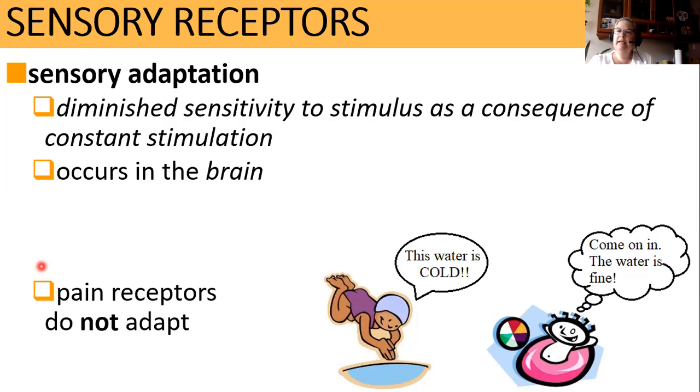Basically, this is a mechanism to help us focus on what's new and important in the world around us. It's important for our brain to know what's new, not what's already happened or what's old information.